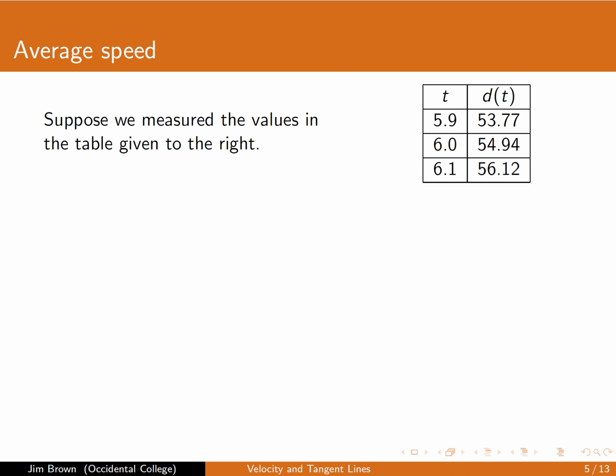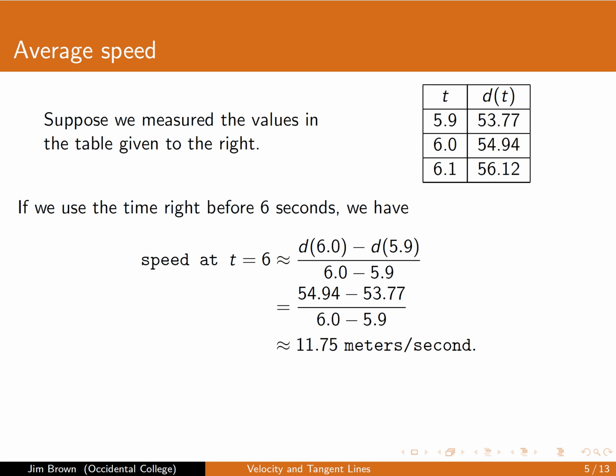So let's suppose we took some measurements during the race, and we measured how far he had traveled after 5.9 seconds, at 6 seconds, and at 6.1 seconds. We get these values here in meters of 53.77, 54.94, and 56.12 for the distances Usain Bolt had traveled at those times. So we can use these to get his average speed. Suppose we look at these first two, the difference in how far he's traveled from 5.9 seconds to 6 seconds.